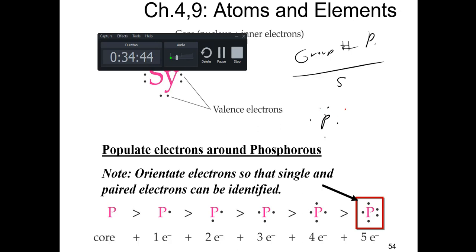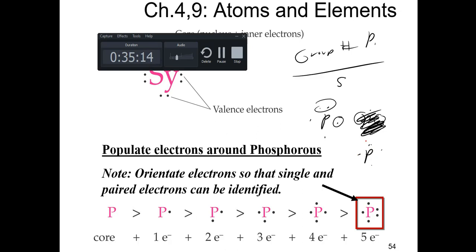And you don't have to worry about messing up on the pairs versus unpaired electrons. So now I'll start using the term unpaired electron. The other way to draw it is like this. The bottom line is they need to be 90 degrees apart from each other, and you need to have the proper number of pairs. So the one I did right here on the right is actually incorrect.